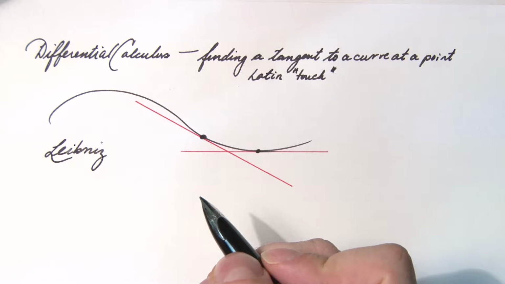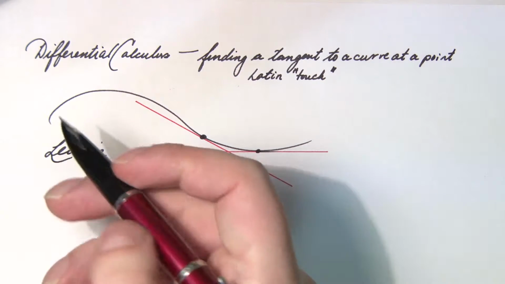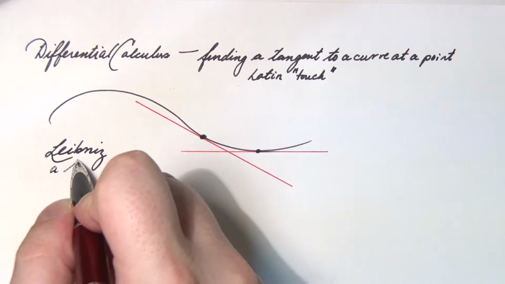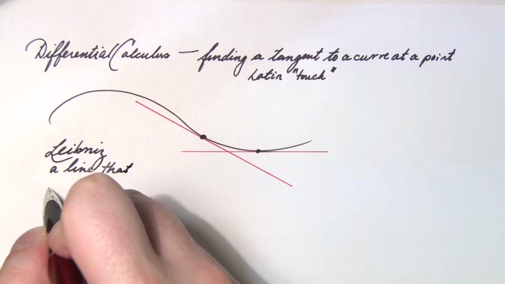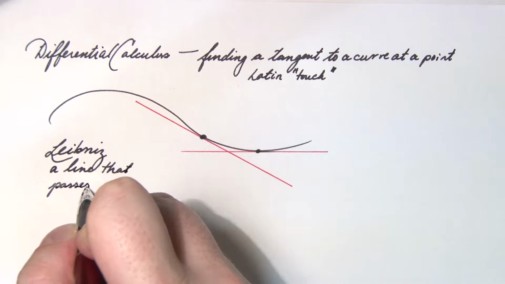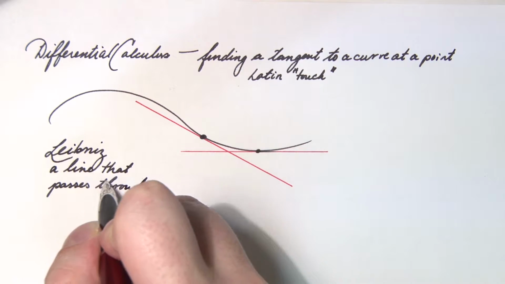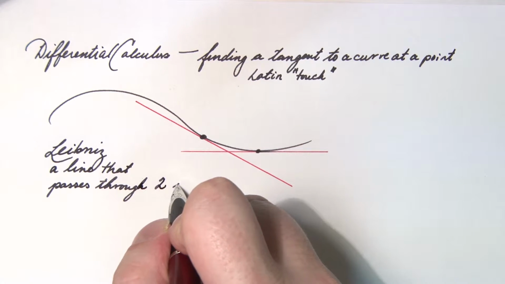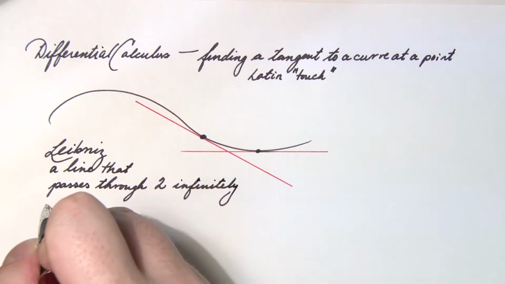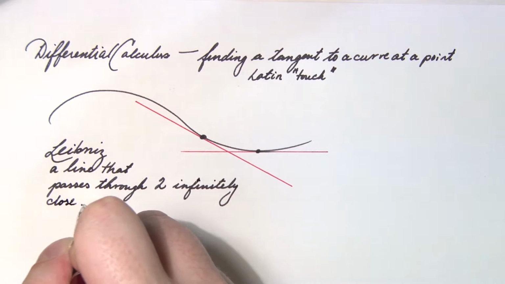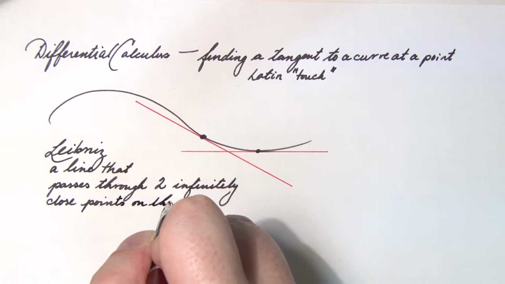came up with a definition of tangent, which is that it's a line that passes through two infinitely close points on the curve.